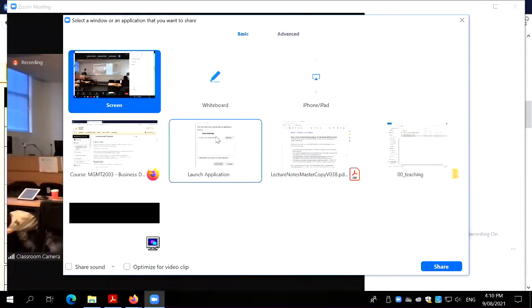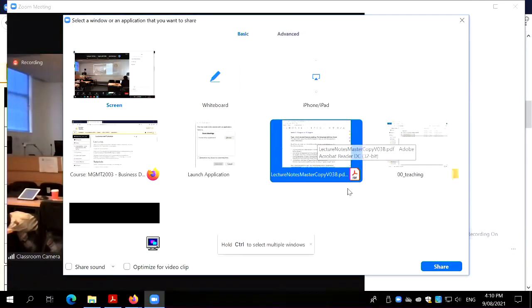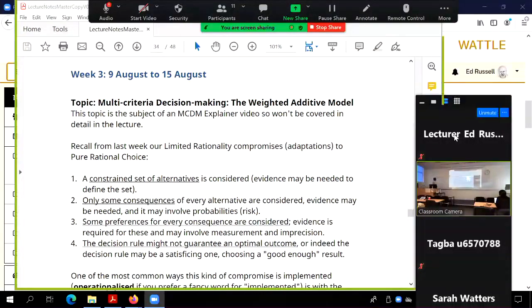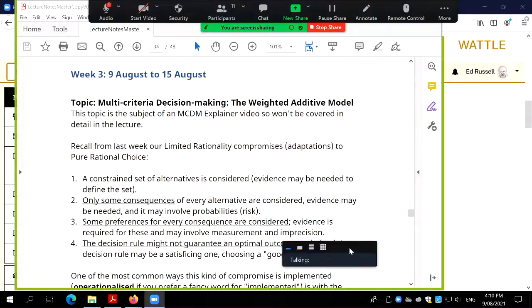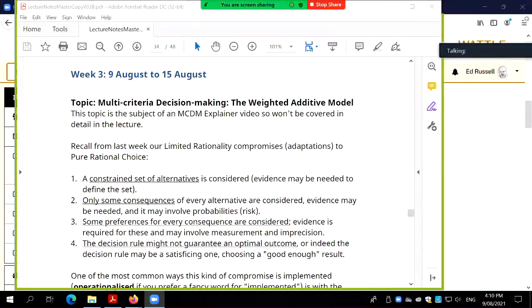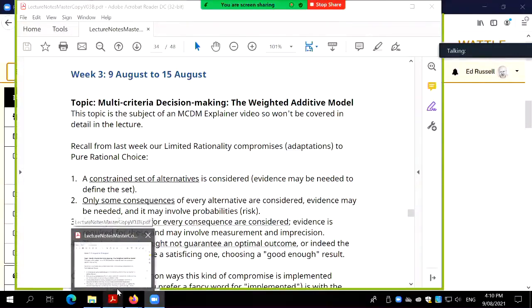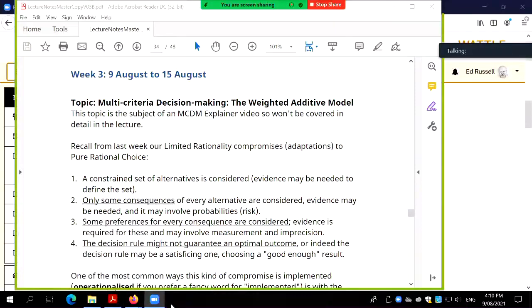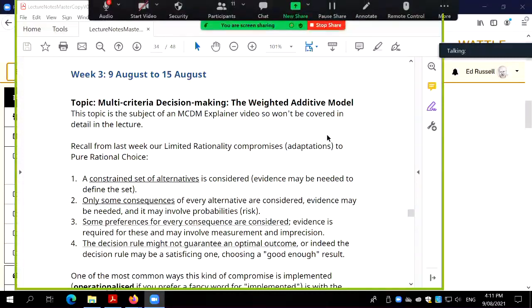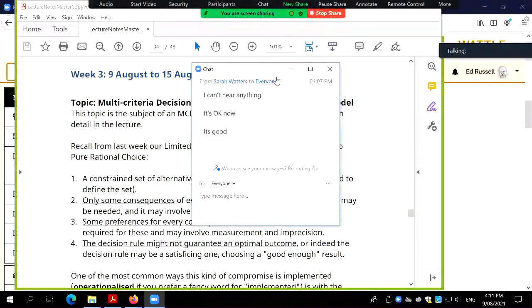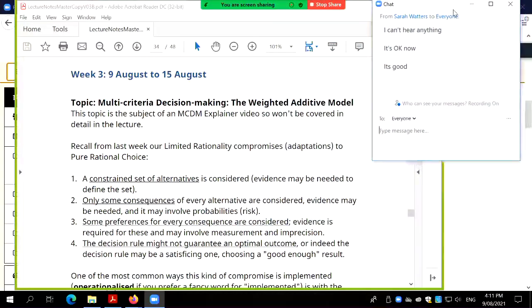Where are we? All right. I'm just setting the screen up here. Just a few little technical things I need to get sorted out here, so you'll just bear with me for a moment. Okay. All right.